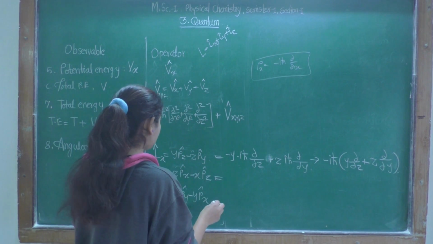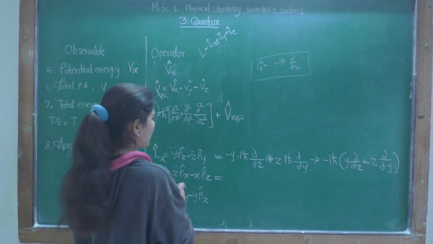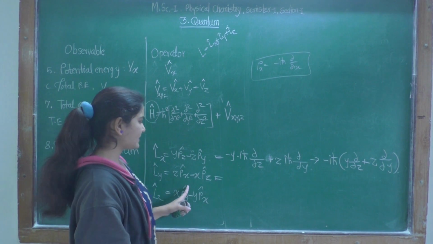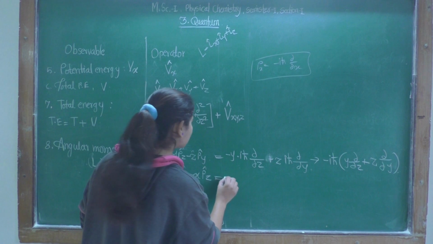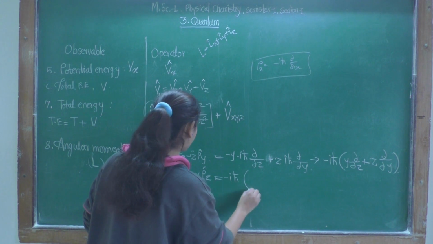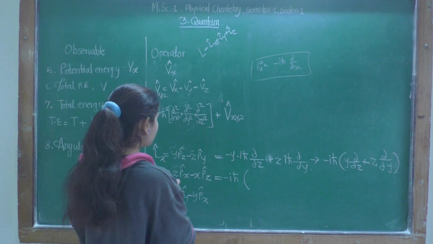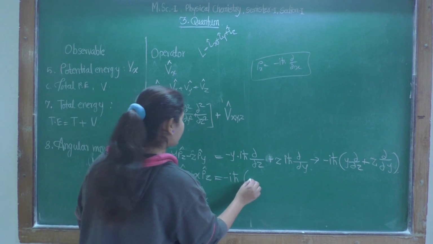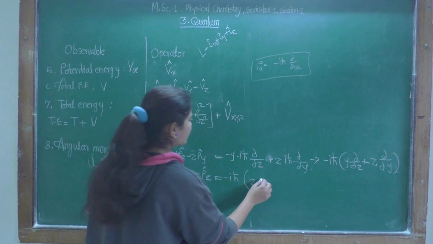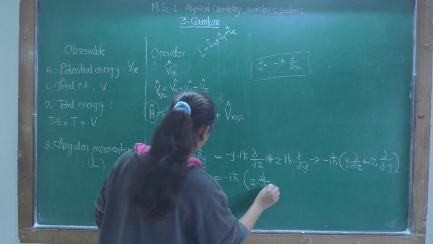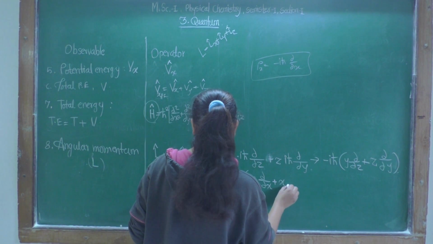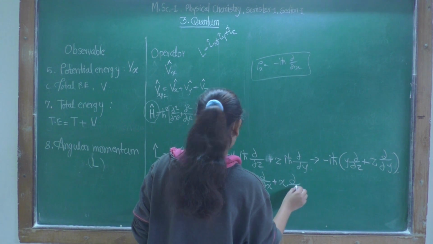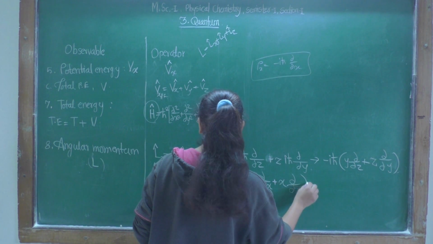This could be written as, again, minus iħ ∂/∂x and minus iħ ∂/∂z. So let's take minus iħ common and write z as it is, and ∂/∂x, plus x into ∂/∂z.